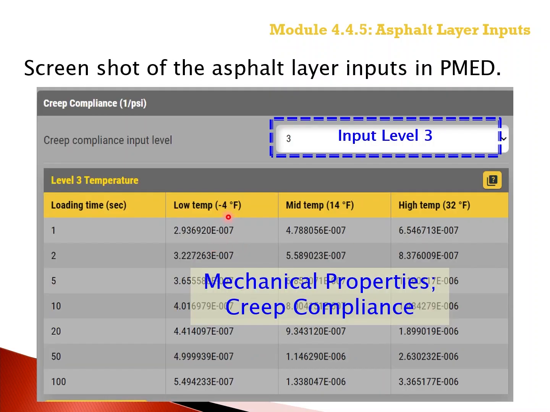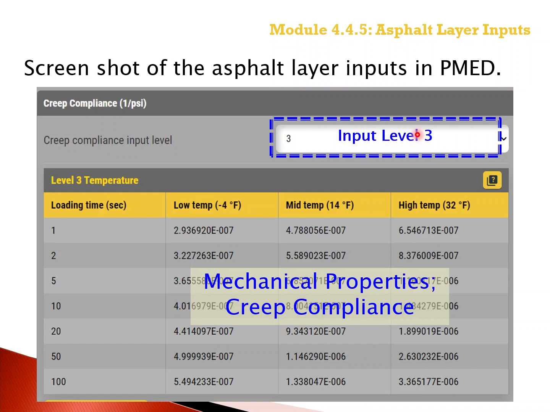The other mechanical properties are the indirect tensile creep compliance and strength of the asphalt wearing surface. This screenshot is for the indirect tensile creep compliance input level 3. The inputs required for creep compliance input level 3 include the volumetric properties and the binder designation or performance grade that was shown on the previous slides.